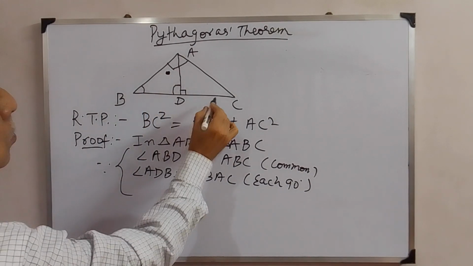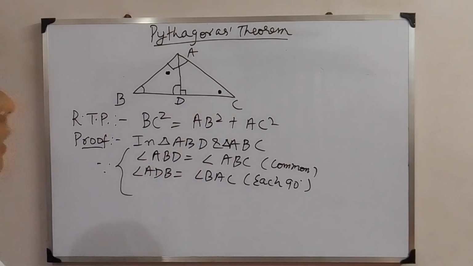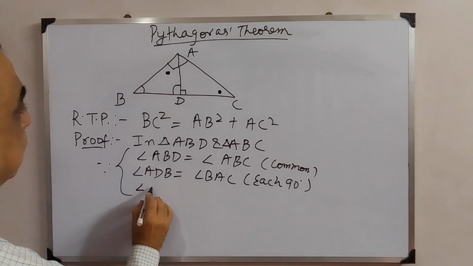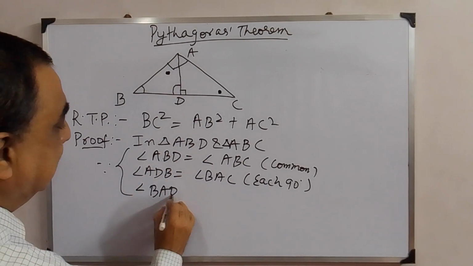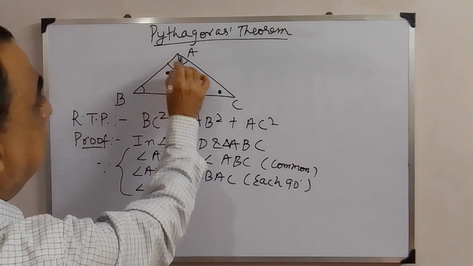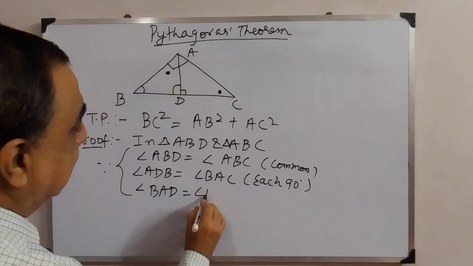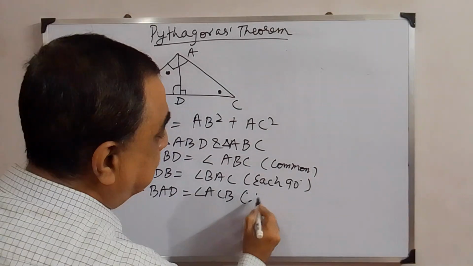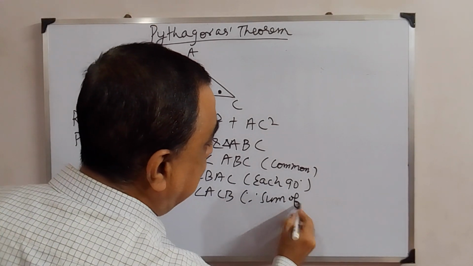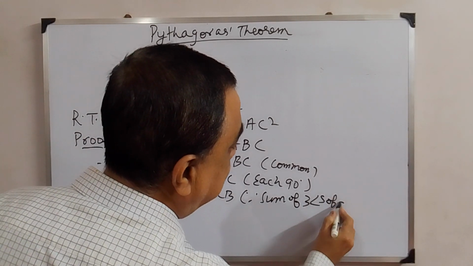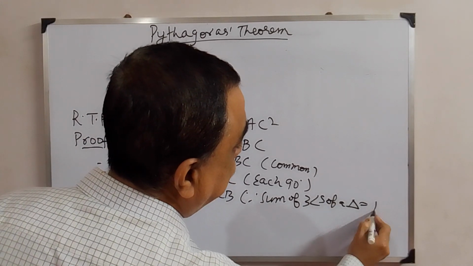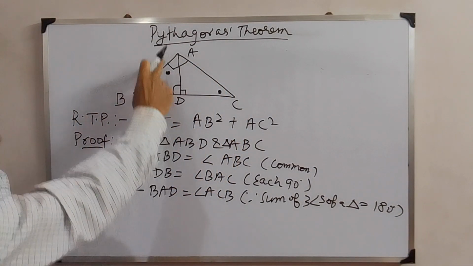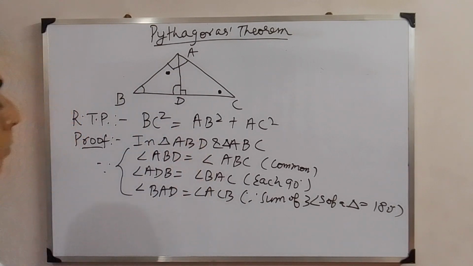Because the sum of the three angles of a triangle is equal to 180 degrees, therefore angle BAD will be equal to angle ACB. So the three angles of this triangle are equal to the three angles of the bigger triangle.